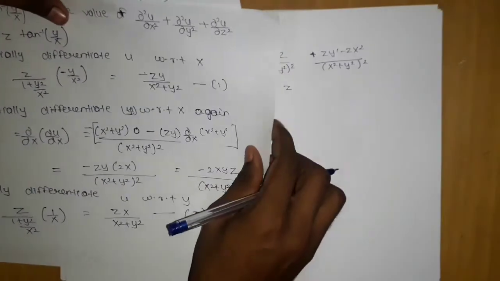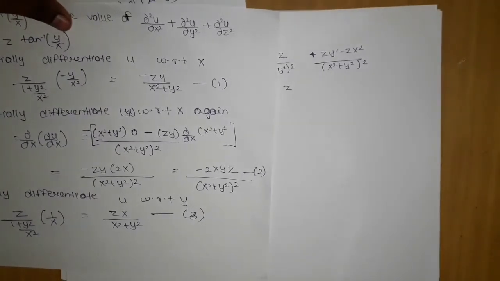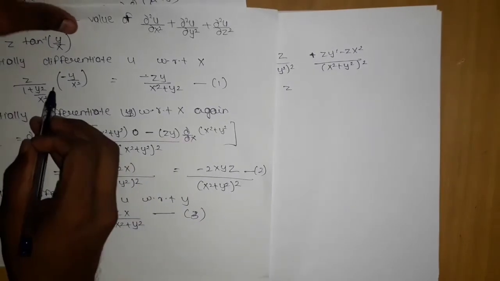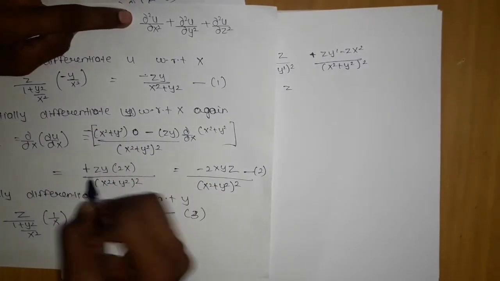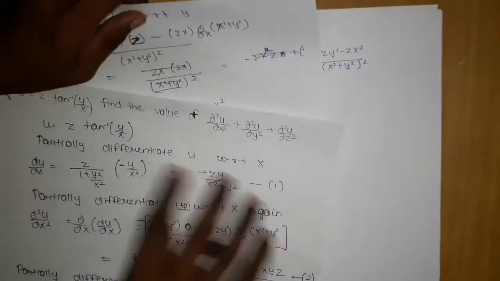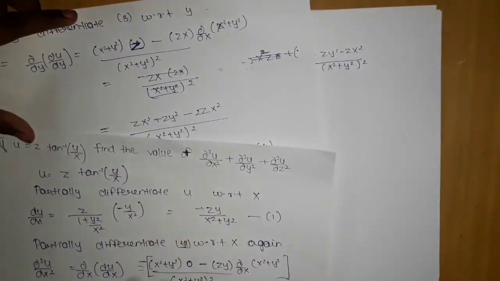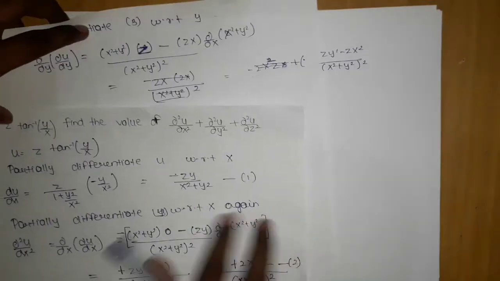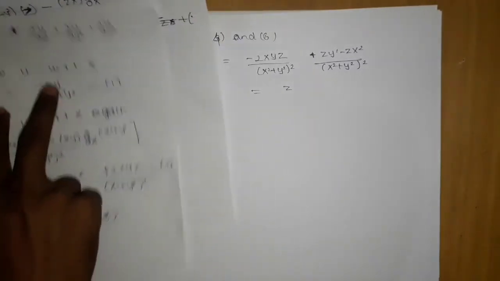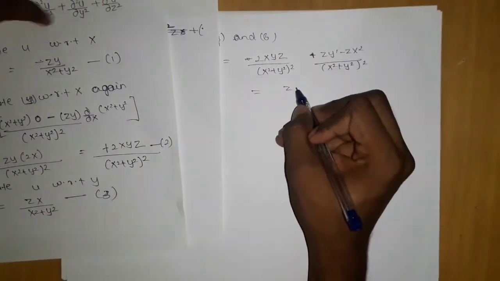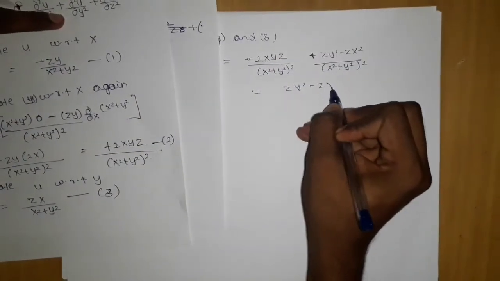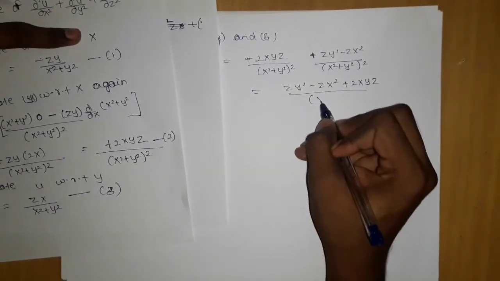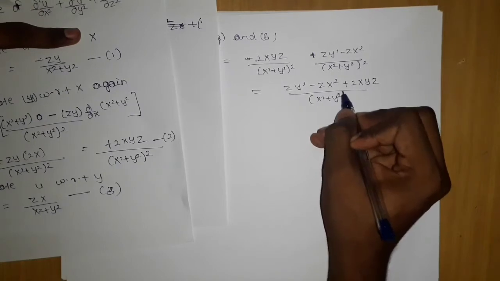This will become 0, and this will become positive, right? This was negative, this negative sign will move inside, this will become positive, and I think we have made a minus sign mistake here also. Let's check here. No, there is no minus sign here, so it was straightforward. It will be y square minus zx square plus 2xyz, the whole by x square plus y square the whole square.